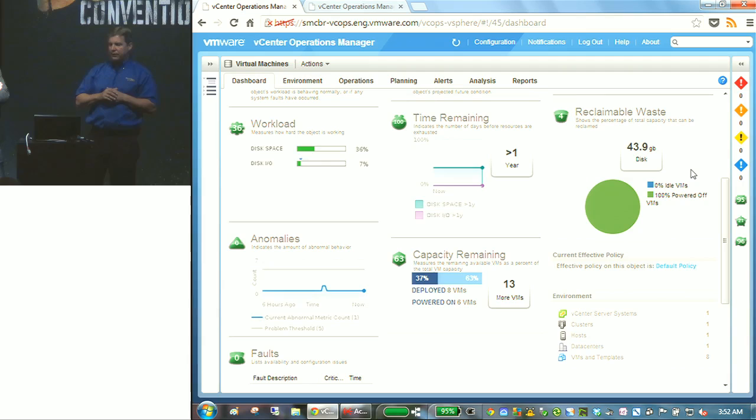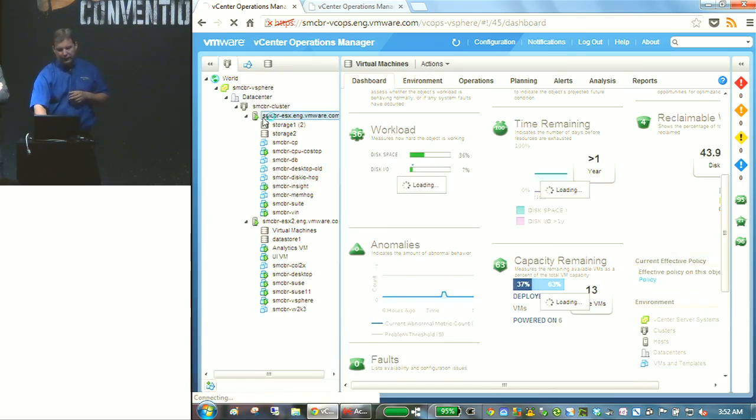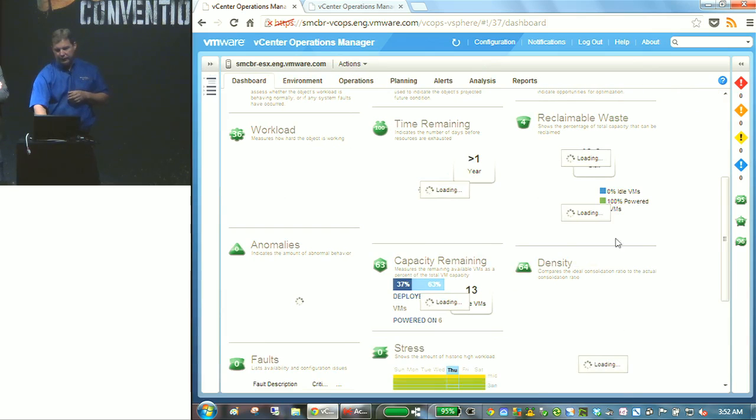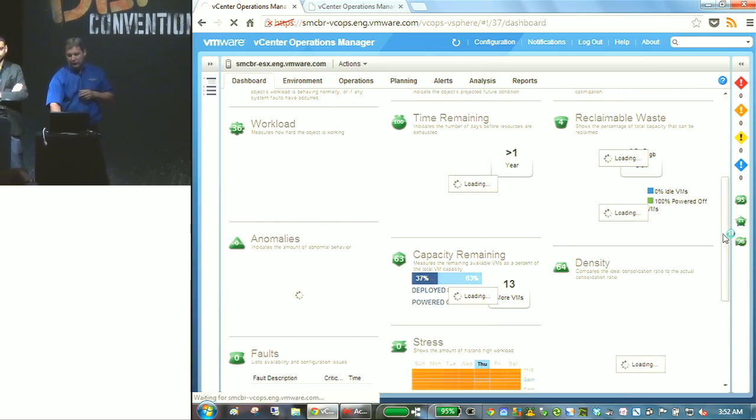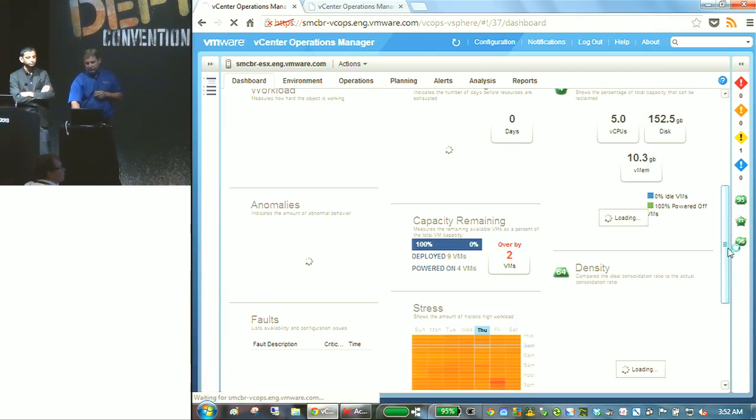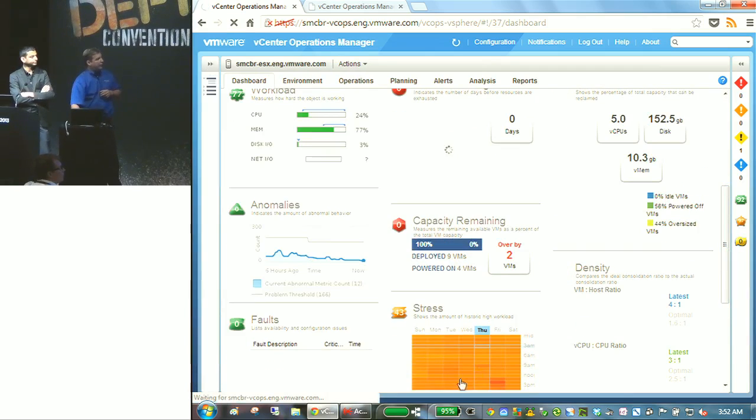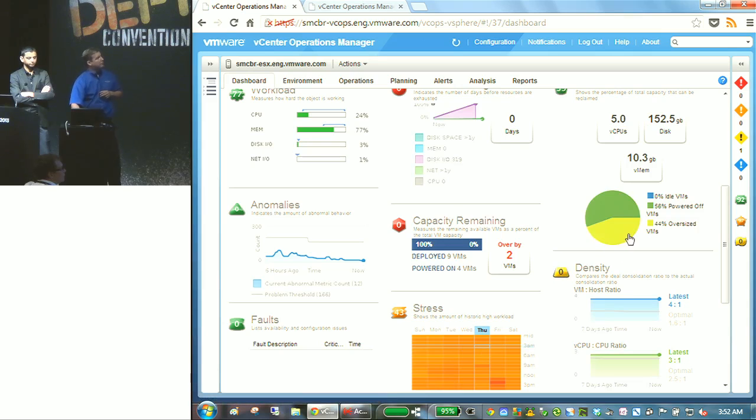Then reclaimable waste, or efficiency, has two badges. One is reclaimable waste and the other is density. We don't calculate density on a data store, so you calculate it somewhere up here on a host, and you'll see that the density score is here. A good example of stress seems to be a good host to look at. It has a lot of problems.